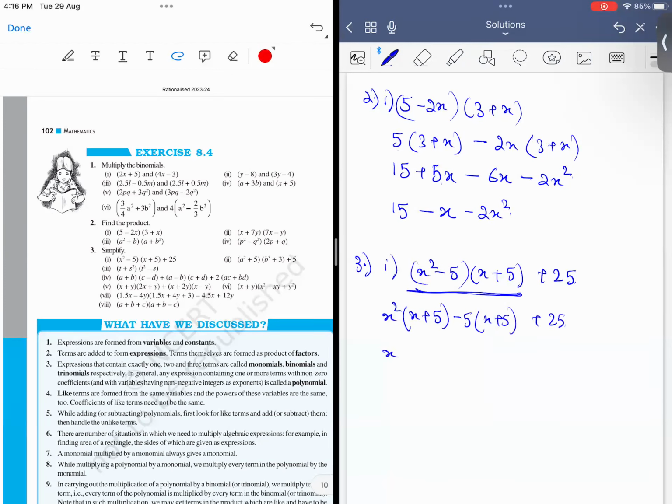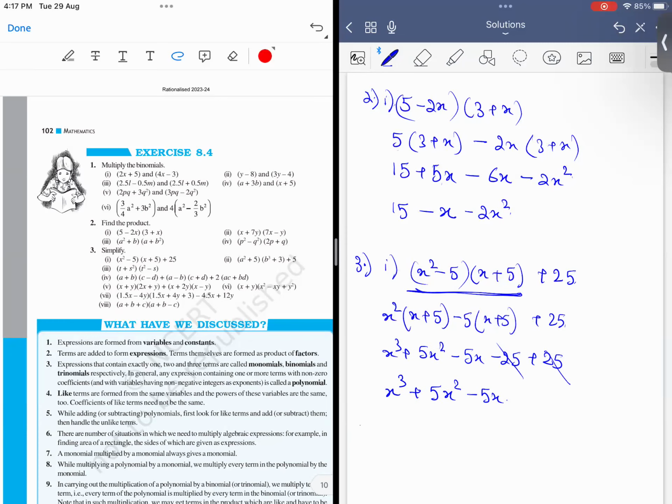So x cube plus 5x square minus 5x minus 25 plus 25. So plus 25 minus 25 get cancelled. So the final expression we are left with is x cube plus 5x square minus 5x. Likewise, we do the rest. You can take any of the expressions like this, first simplify them and then do the rest.